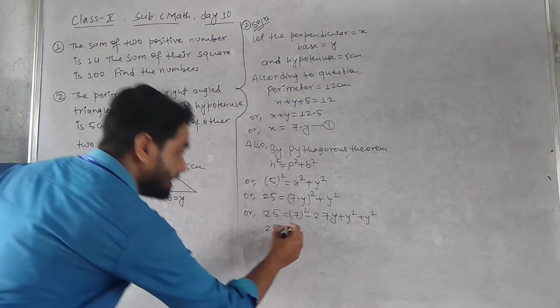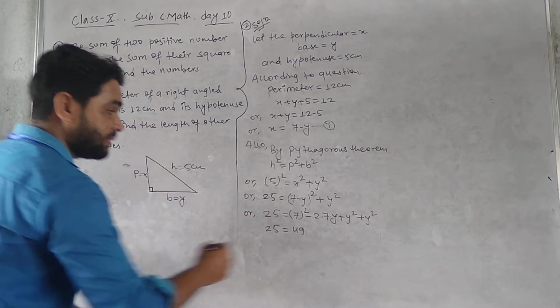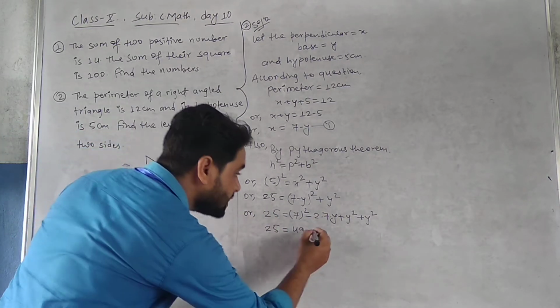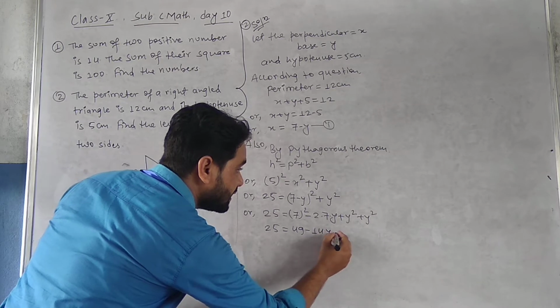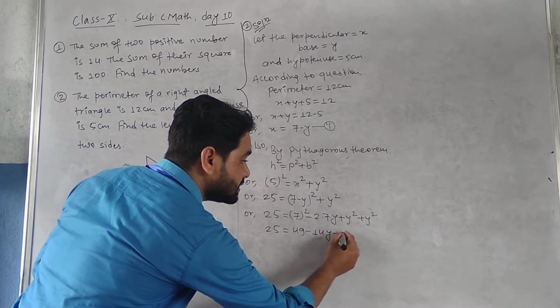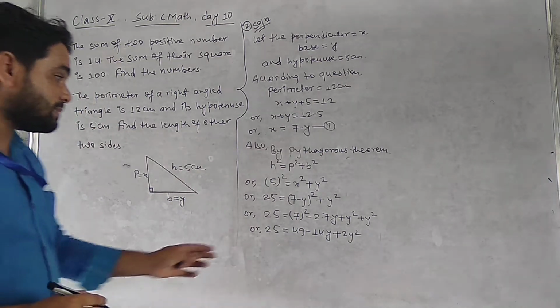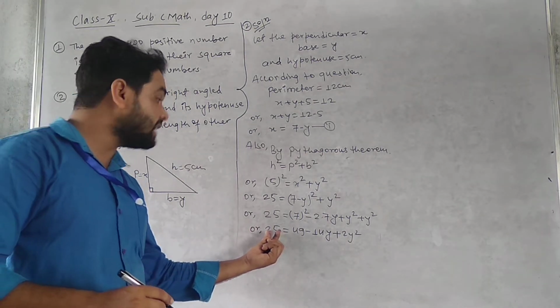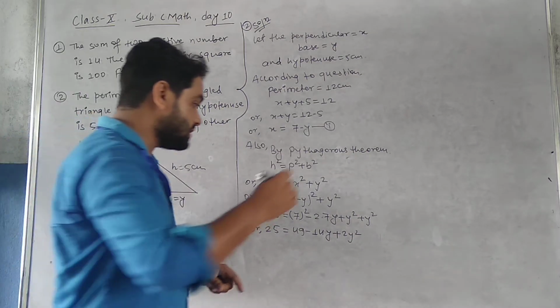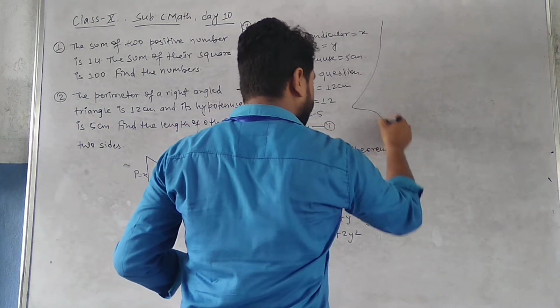So 25 equals 7 square, that means 49, minus 14y, and y square plus y square we get 2y square. Let's bring this 25 to the other side, then it becomes minus 25.